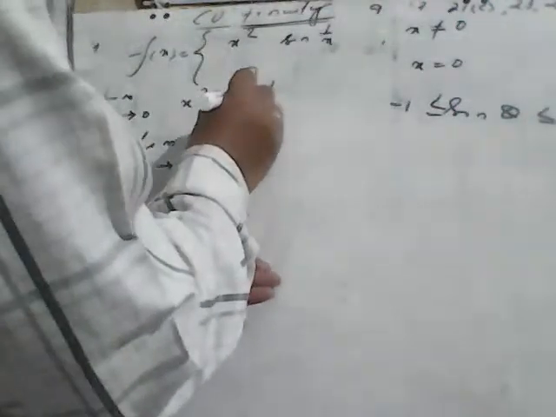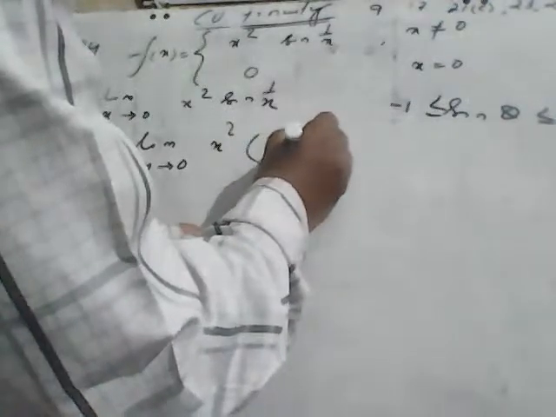For every value of x, if x is non-zero, it is a number lying between -1 and +1. You all know the range of sine theta. For every real value of theta, sine theta is lying between -1 and +1. Apply this concept here.